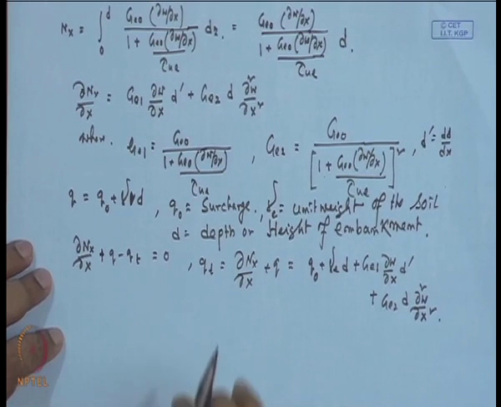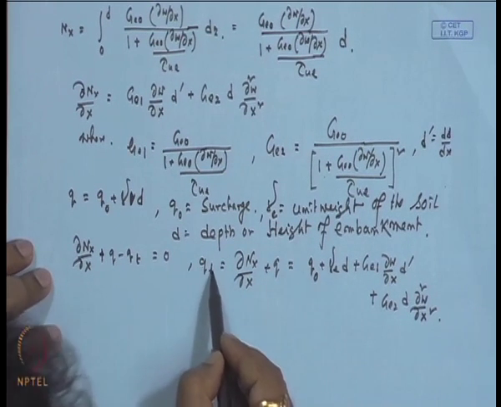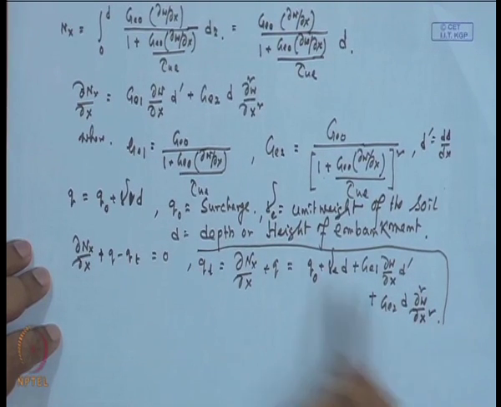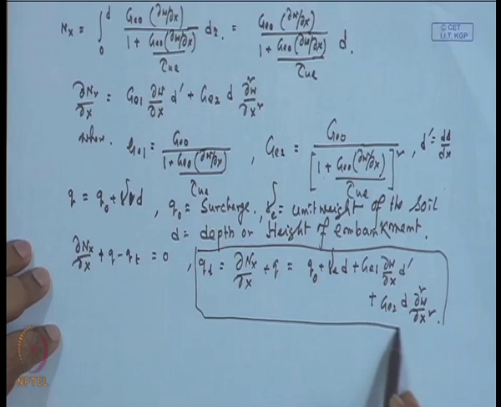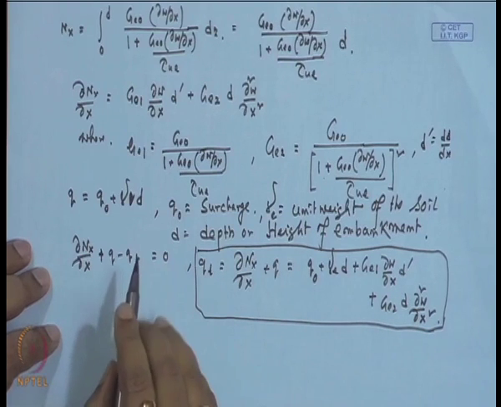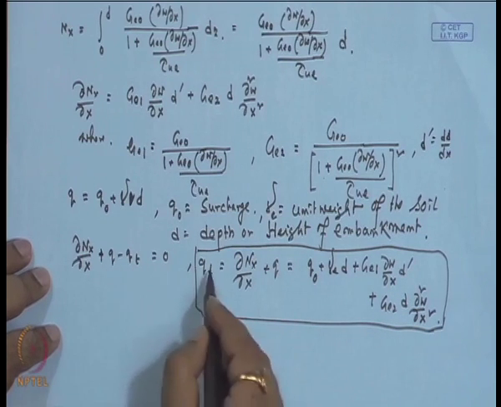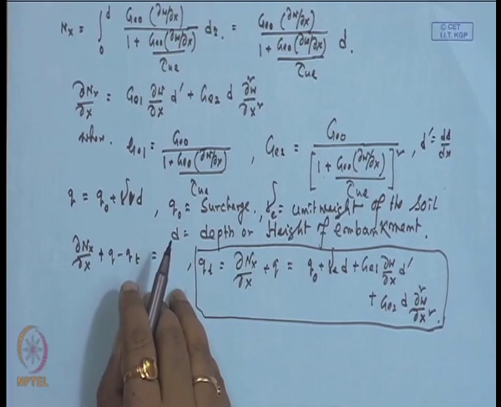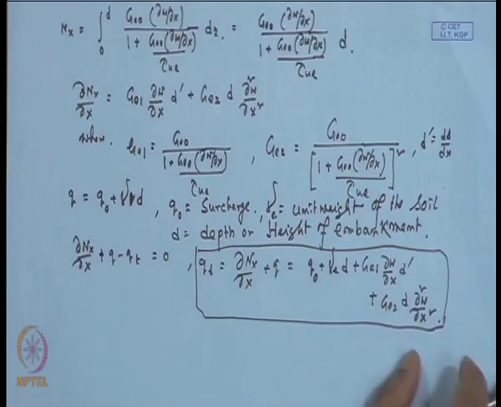So, this is the expression where this is q t, and this q t is acting over the embankment layer. Now for the embankment layer we have to derive a similar type of expression.